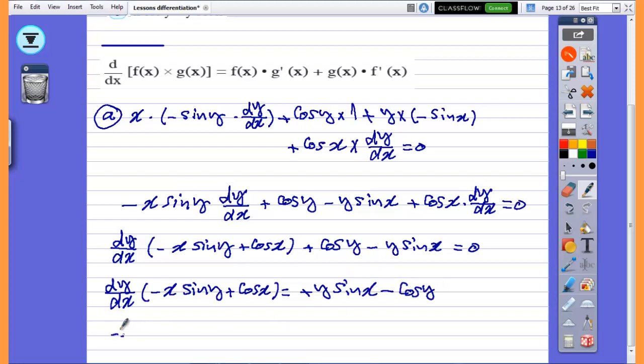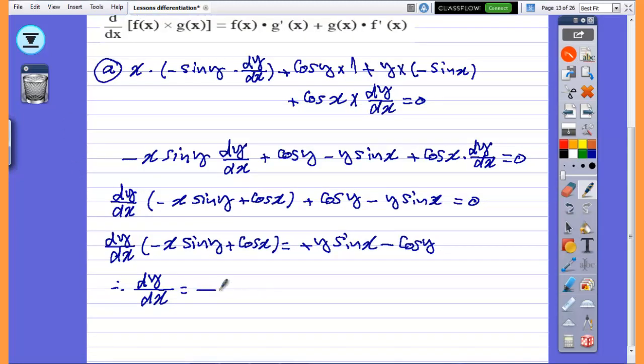So dy/dx equals (y sin x minus cos y) over (cos x minus x sin y). And this is the final answer.